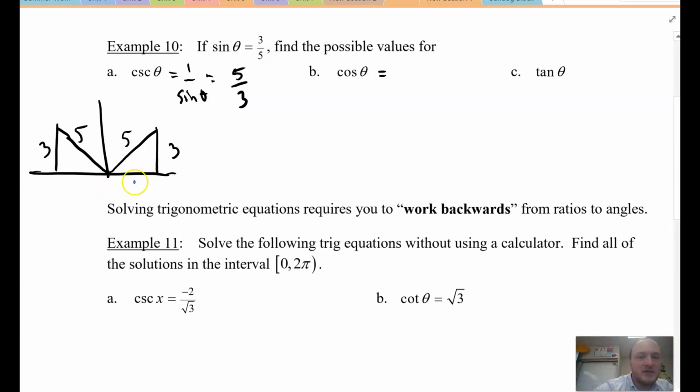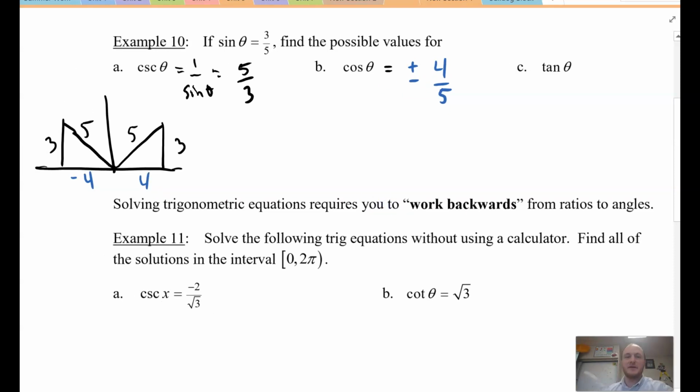Hopefully you remember this is a special triangle, the 3, 4, 5 triangle. So cosine is going to be plus or minus 4/5. Tangent of theta is opposite over adjacent. So if these are my angles, opposite is 3 over adjacent, which is 4, and it could be either sign. Okay, so there you go.